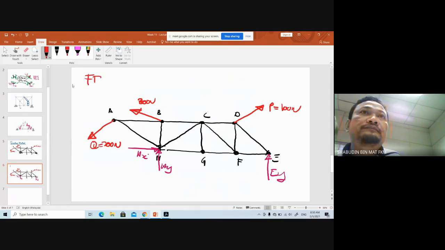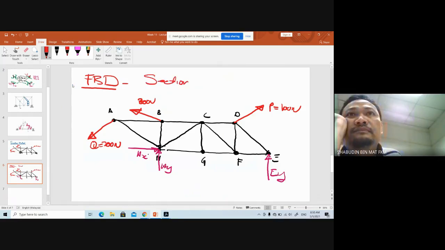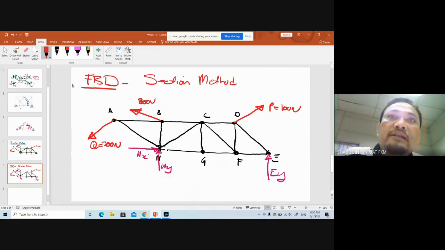Free body diagram. Okay. Section method. When we do the section method, you cut it. The maximum you can cut is 3 structures. How many structures can we cut? HV?